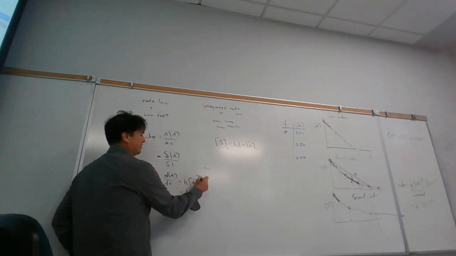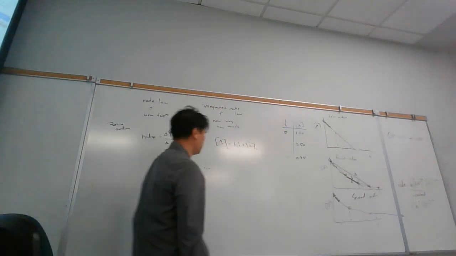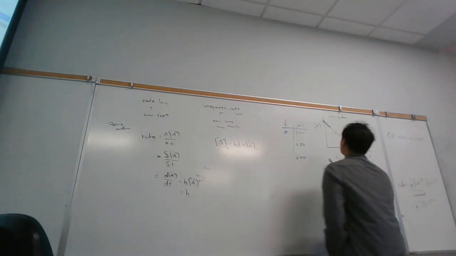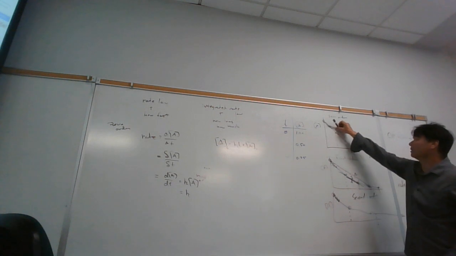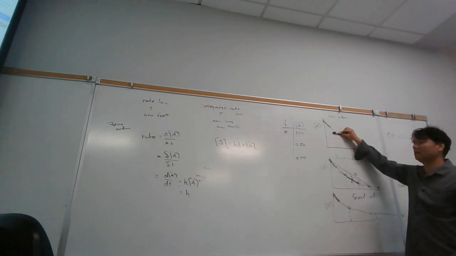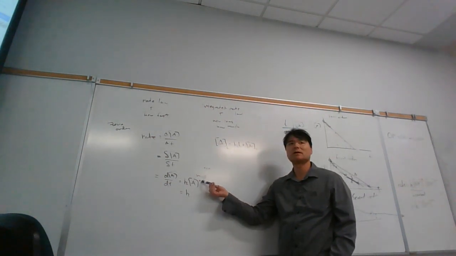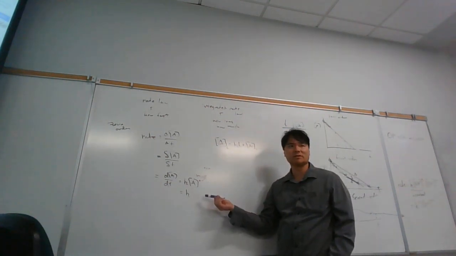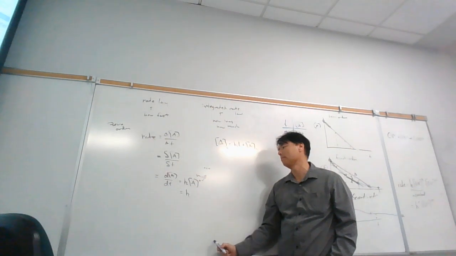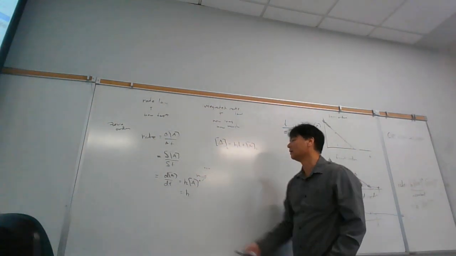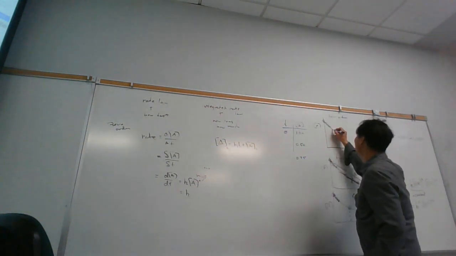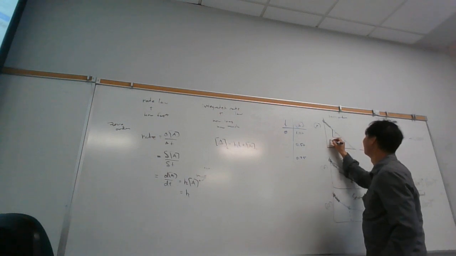How that was determined was because when I cut the concentration in half, nothing happened. If I cut the concentration in half and nothing happens, then it's got to be zero order because there's no dependence on the concentration of A. How do I get k? How I get k is just from the slope. So I measure the slope here, and the slope is equal to minus k.